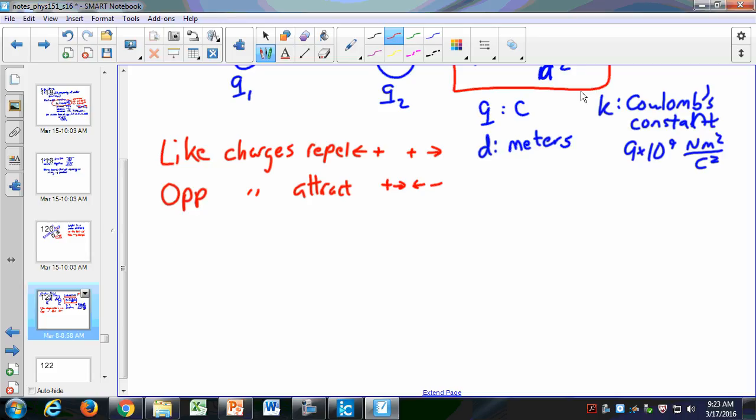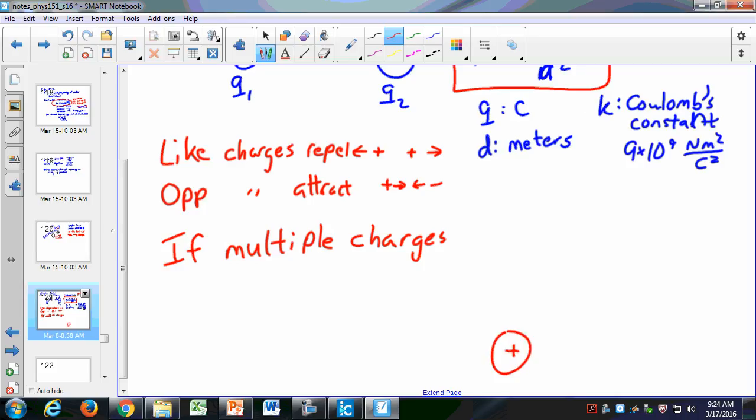If there are multiple charges, then you have multiple forces. Say I have a positive charge like this, a negative charge up here, and another positive charge over here.